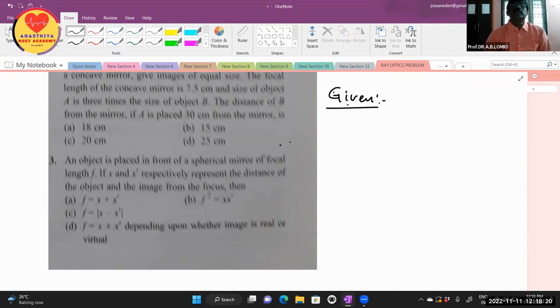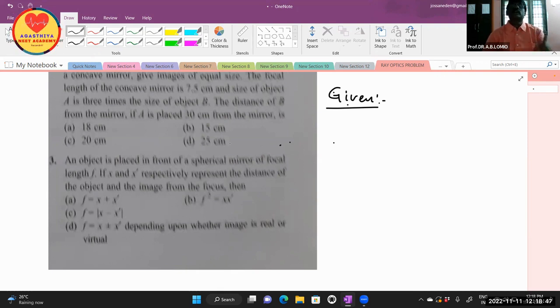An object is placed in front of the spherical mirror of focal length f. If x and x dash respectively represent the distance of the object and the image from the focus, that is important.